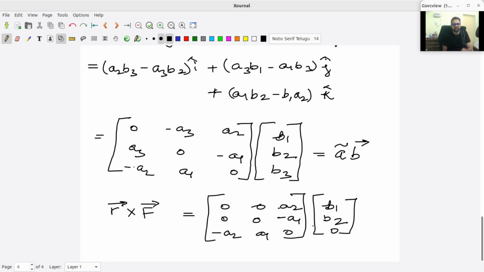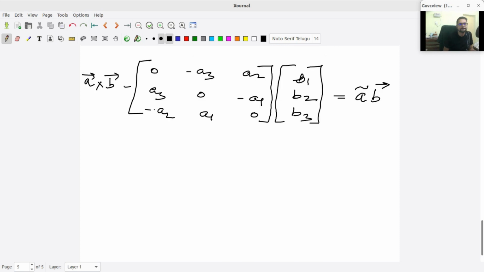So this will end up being just the third row multiplied by b1 and b2.